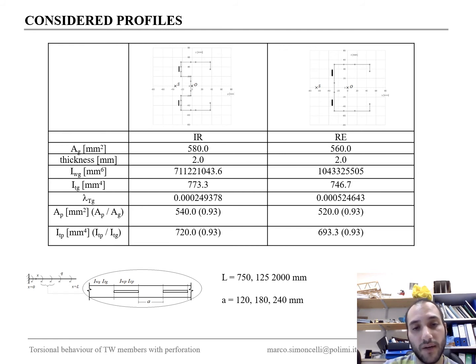That means zone A, the zone associated with the unperforated part, changes from 120 to 240. 120 is the most perforated beam, because A is small, and then it becomes greater and the perforation is reduced.